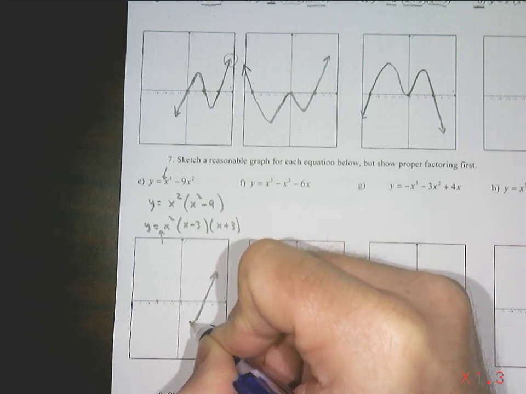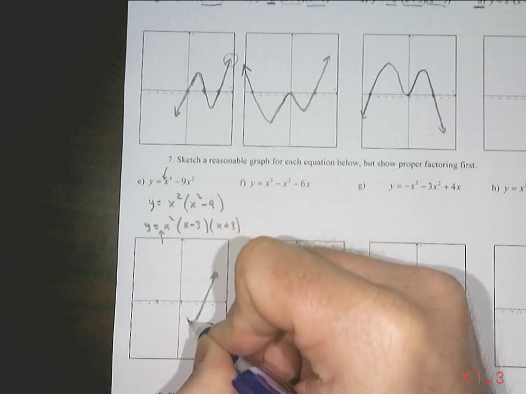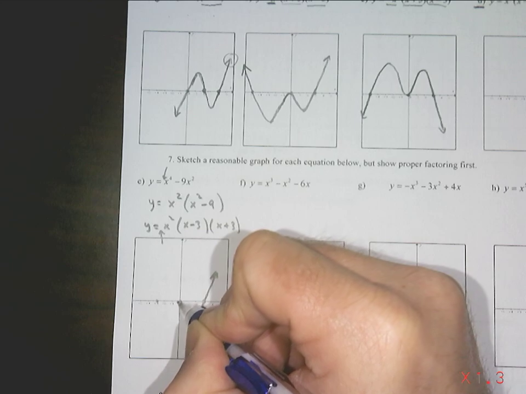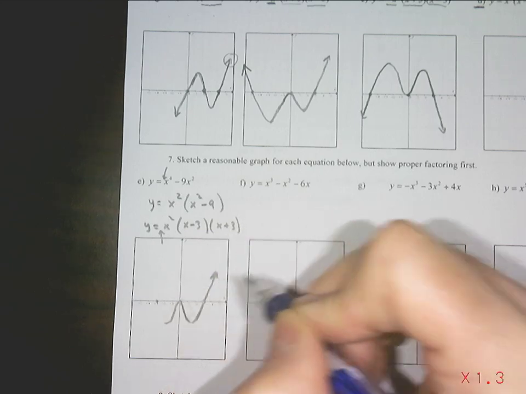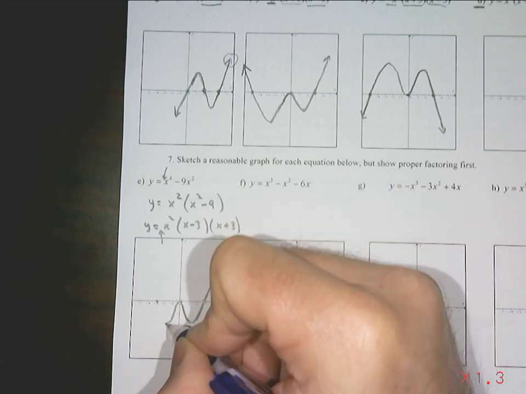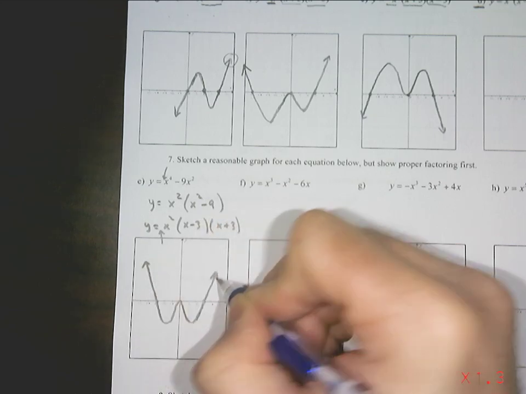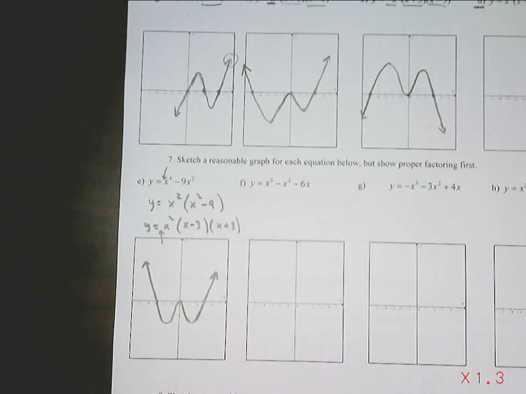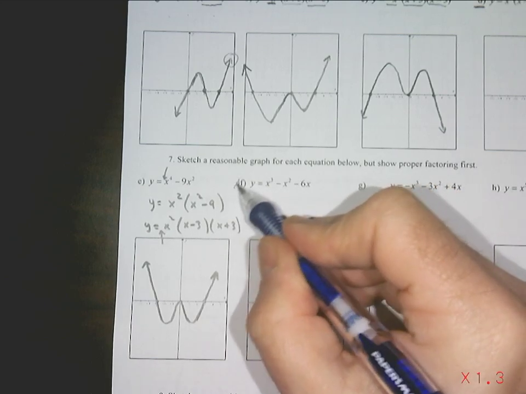Then I turn and I head towards this 0 value, which I put because of this x squared. Because it's a squared, I know I'm going to bounce off. And then when I head towards this -3, which I put there because of this x plus 3, which has an exponent of a 1, I'm going to go straight through. So this one kind of looks like a W. And that's that graph. This is a good one for you to try.